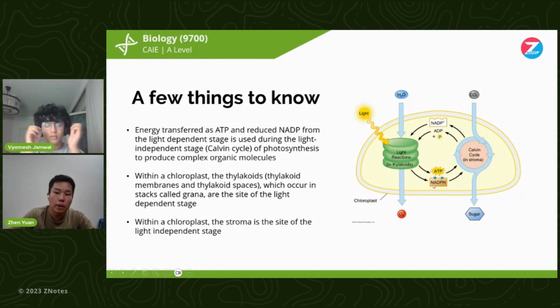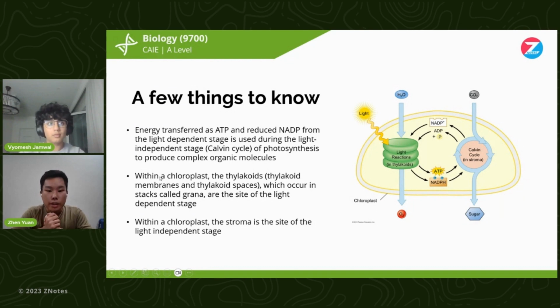In this case, we call it NADP in plants. And these two things are passed on to your Calvin cycle to produce complex organic molecules, which we will take a look at on the later slides.